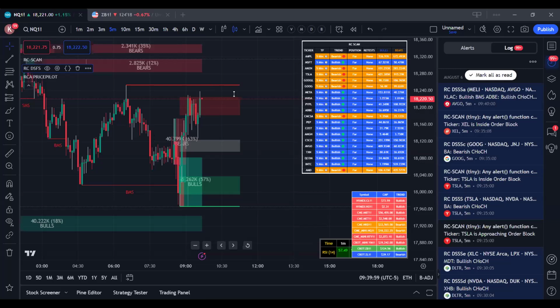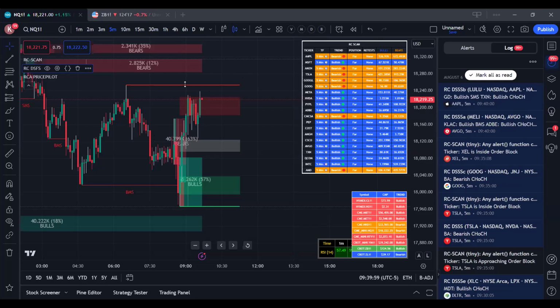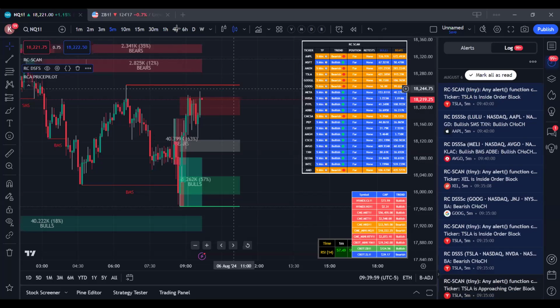But as of now, we don't see any major sell order block there. If we see any major sell order block, we can either do MNQ short or we can buy some QQQ puts. As of now, it is telling that yeah, NQ can go down, but we don't have a proper confluence. If it goes somewhere here, 18320, then we can see a huge sell order block.